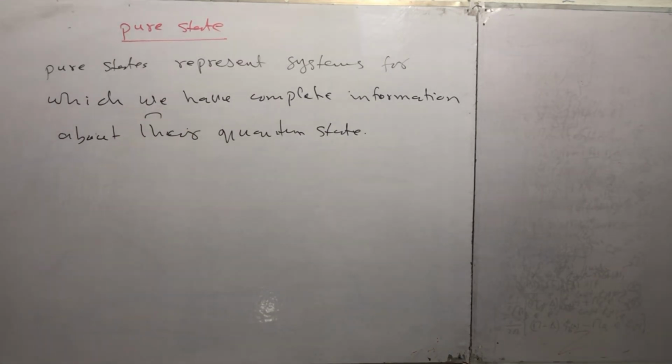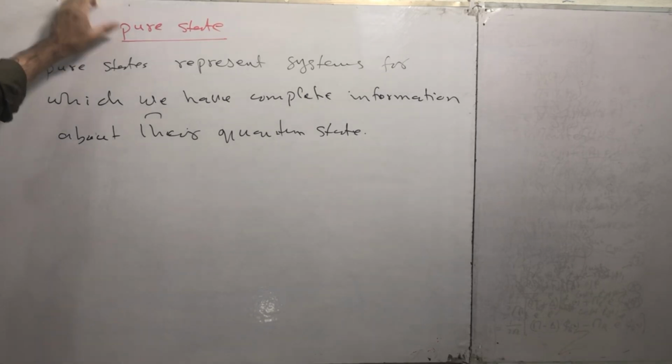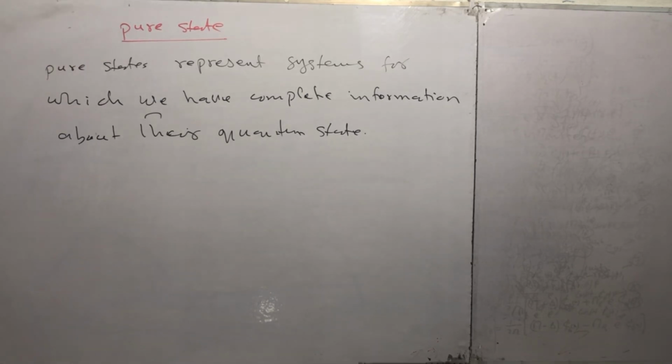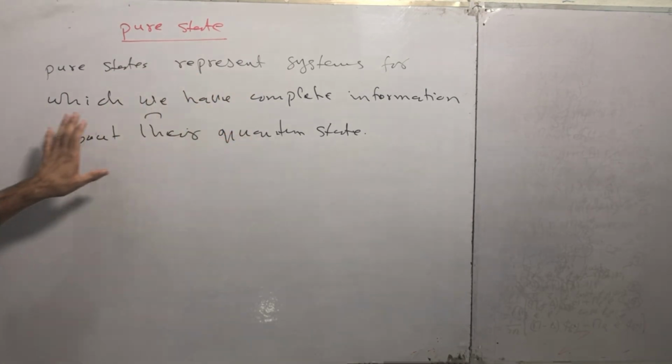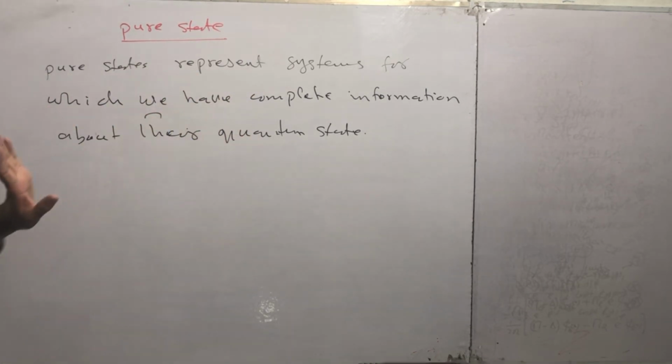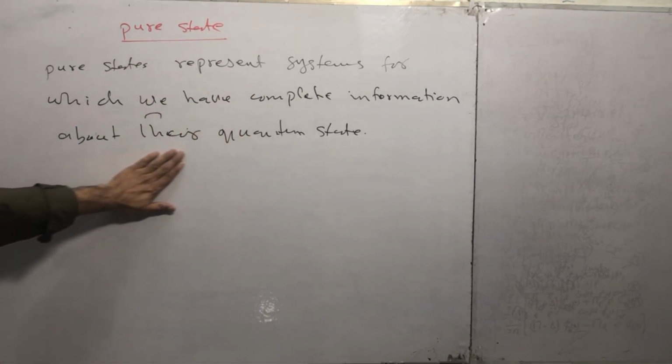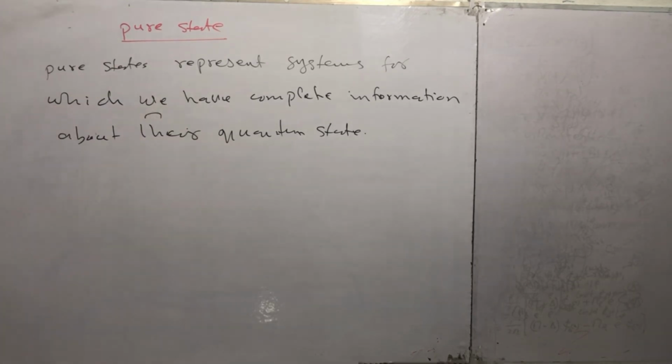How to understand this pure state and mixed state? Let's take some examples. First, the pure state. We have defined that the pure state represents systems for which we have complete information about their quantum state.